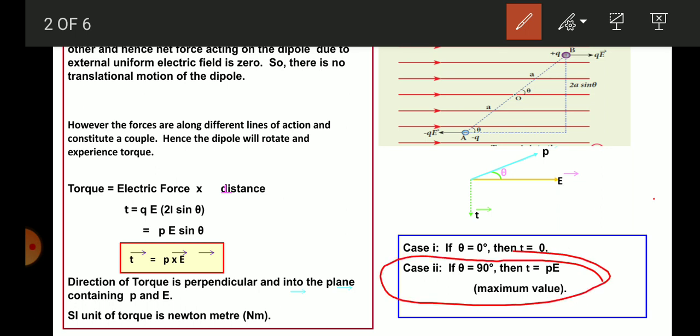Many problems will ask you to find the maximum torque, and they won't give the angle between the electric field and the dipole moment. If you remember this, maximum torque means that the angle is 90 degree. So when theta is equal to 90 degree, the torque will be maximum, that is PE.